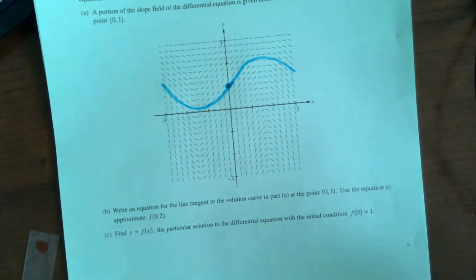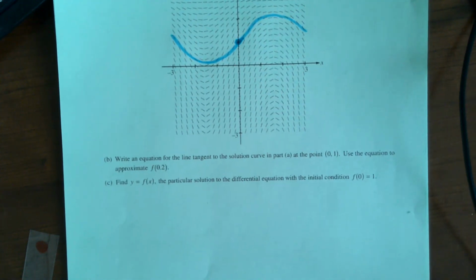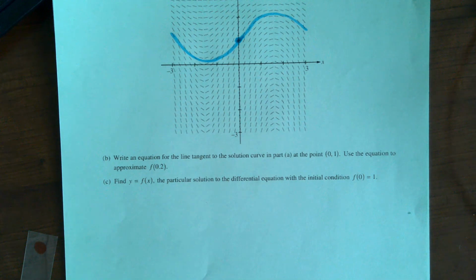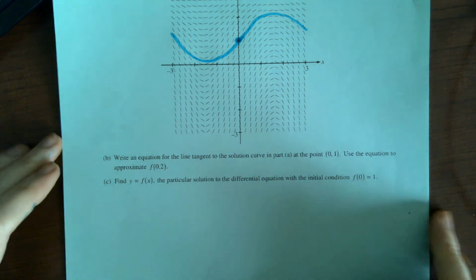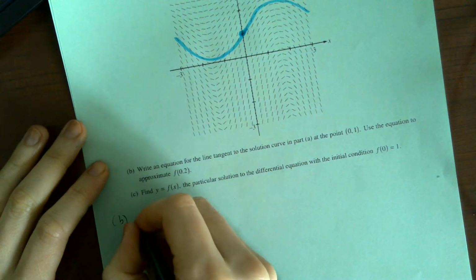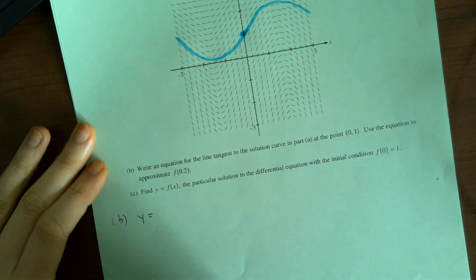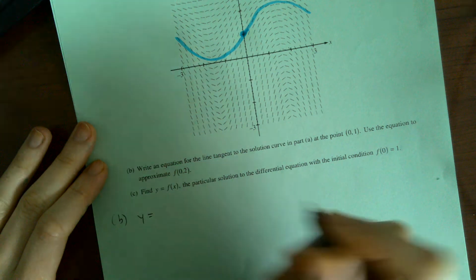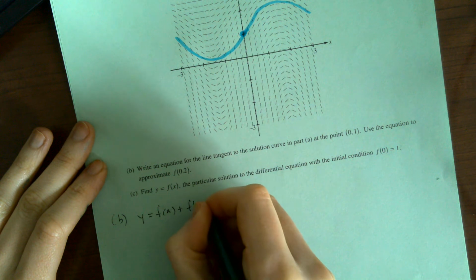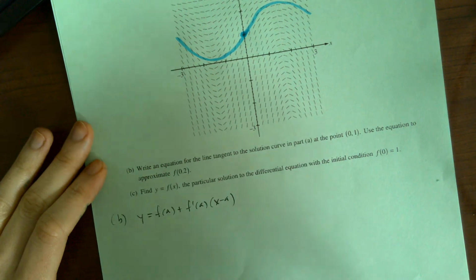Now, the second part, B. Write an equation for the line tangent to the solution curve in part A at the point 0, 1. Use the equation to approximate f of 0.2. Okay, so you need to know this formula: y equals f of a plus f prime of a times x minus a.